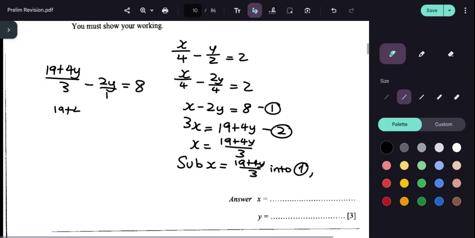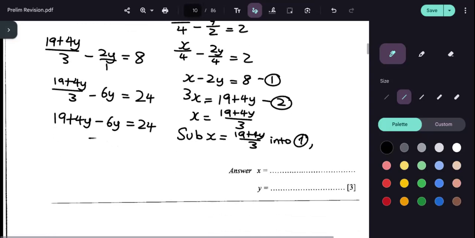So times 3. Here also times 3. Okay. Then get rid of the fraction line, just like that.